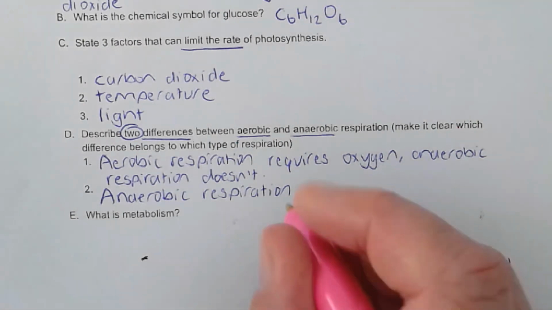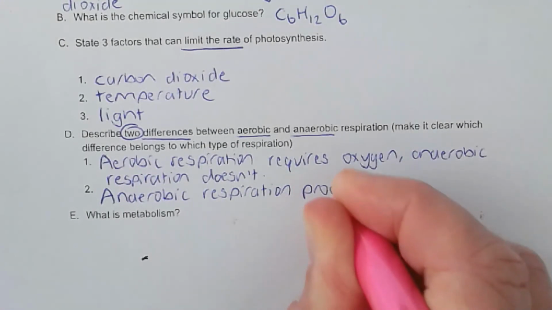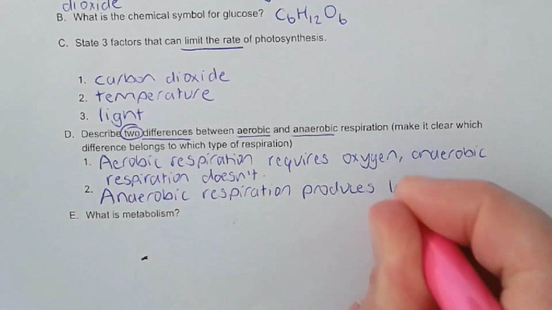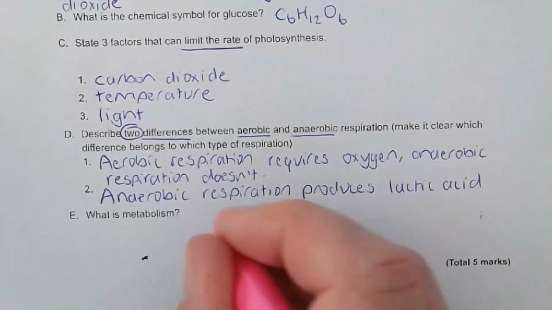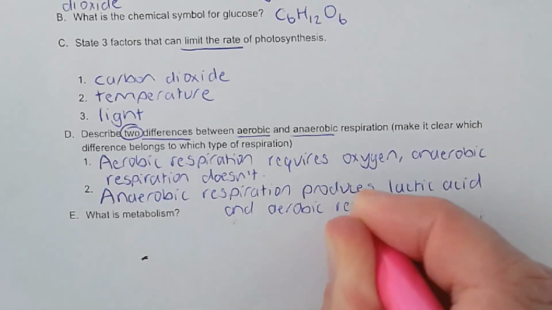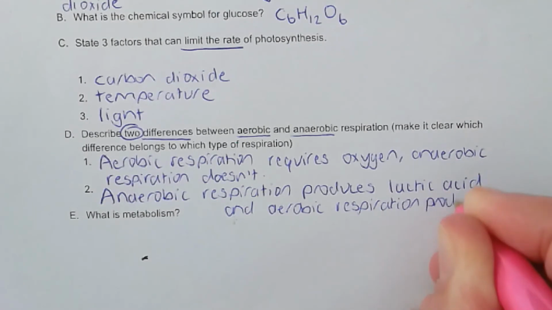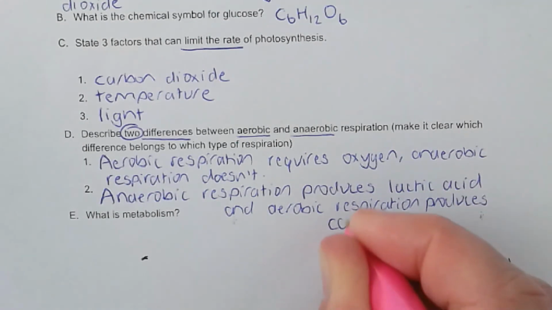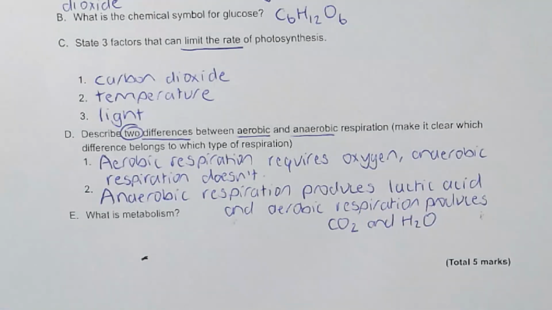So anaerobic respiration produces lactic acid, and aerobic respiration produces CO2 and H2O water. Okay, I haven't had quite enough space here, but I've still managed to get my answer in.